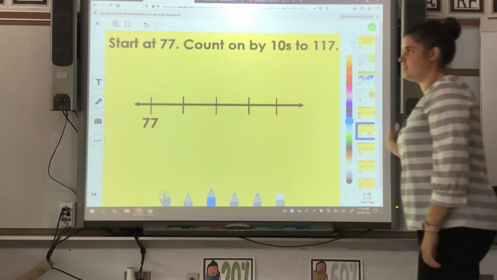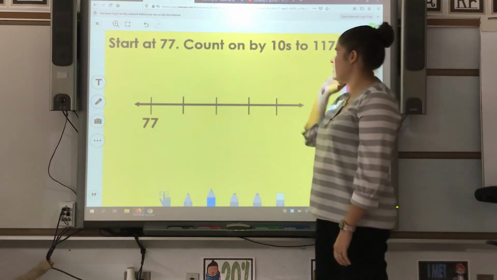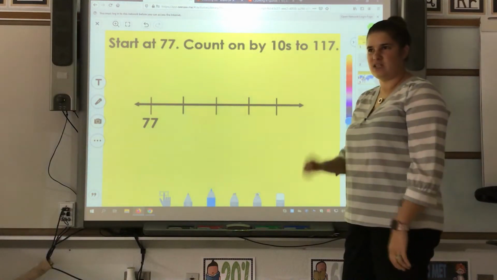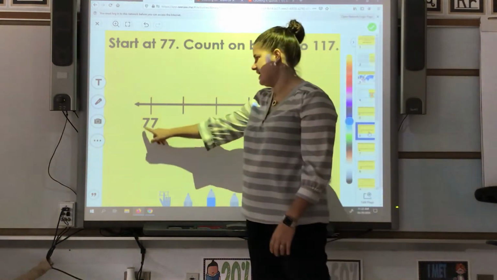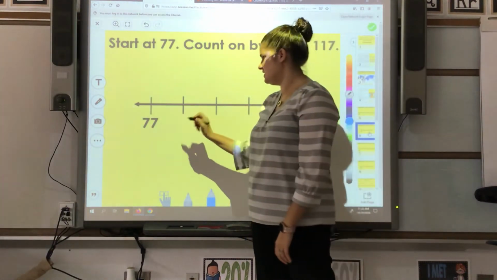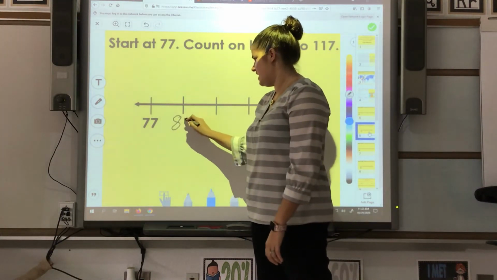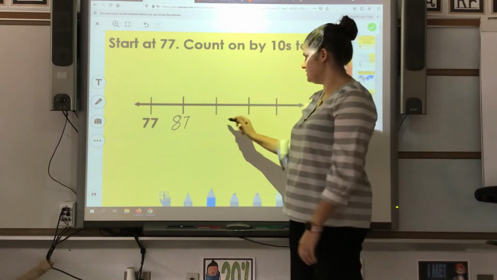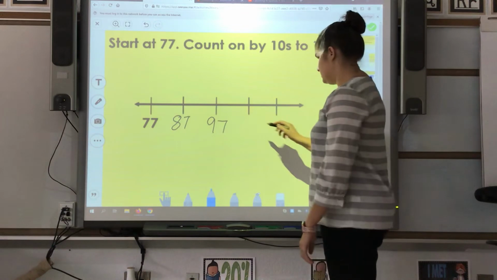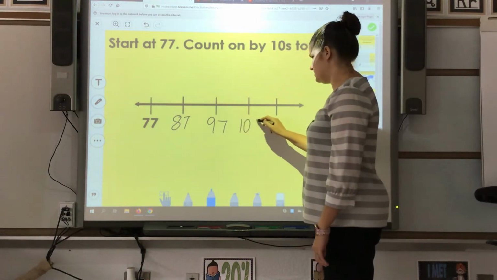Next one says start at 77. Count on by tens to 117. So when I'm counting on by tens, I'm just adding 10 to this number. So I have 77. 77 plus 10 is 87. 87 plus 10 is 97. 97 plus 10 is 107.